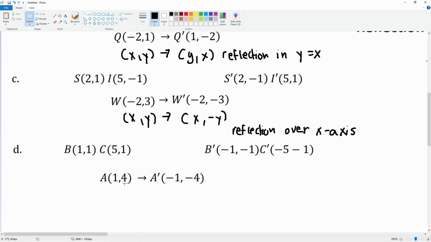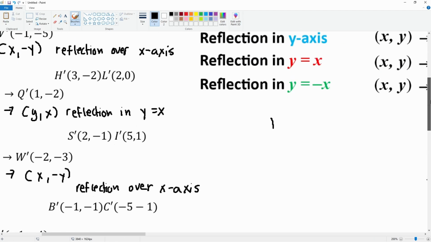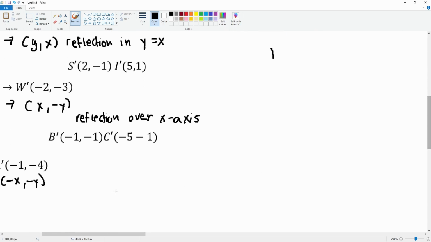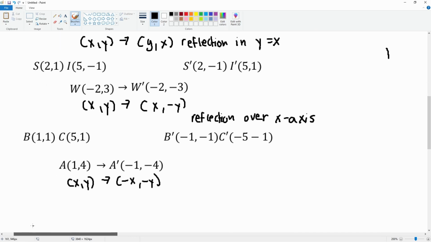So look, X comma Y arrow into negative X comma negative Y. It's not reflection over Y equals X. This is actually not one of our rules, but in our notes, we know this one. This is a reflection over the origin, 0, 0. That's how you get negative X and negative Y. Okay, that is the rule for that.